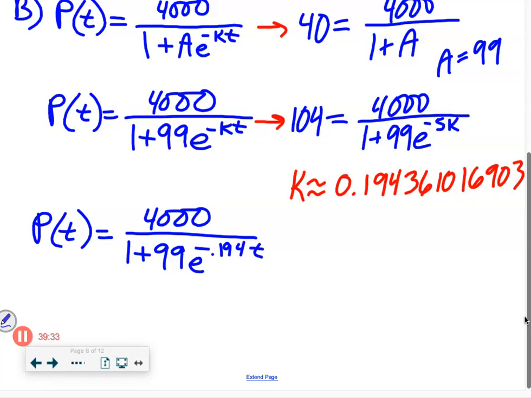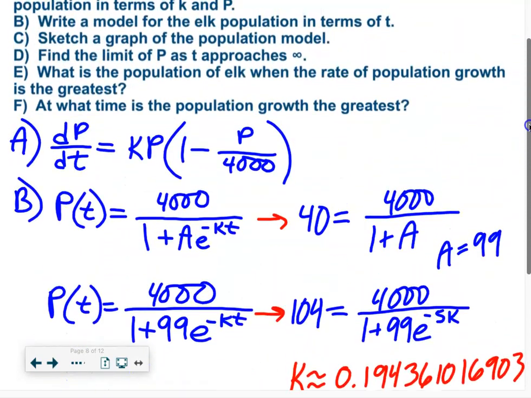Okay. Yes, Ryan. If you graph it and find it that way, it only gives you 8 decimal points. That's okay, 8 decimals is going to be okay. Yeah. All right.